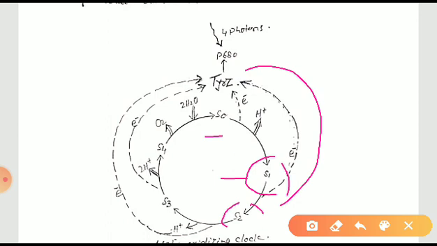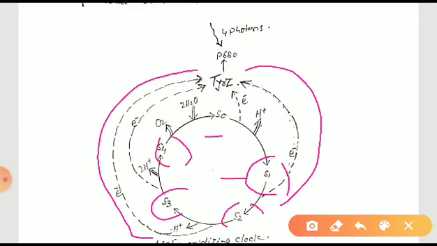An electron is released and goes to P680 through tyrosine Z. And a third flash of light converts S3 to S4 state. And then again electron goes to P680 through tyrosine Z.